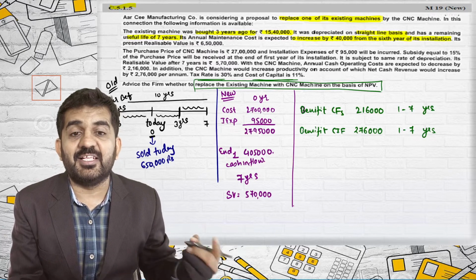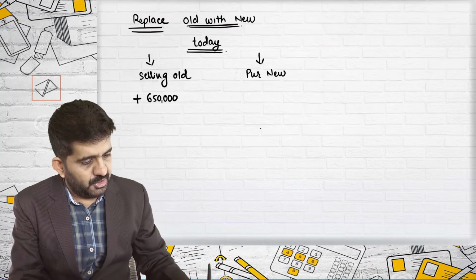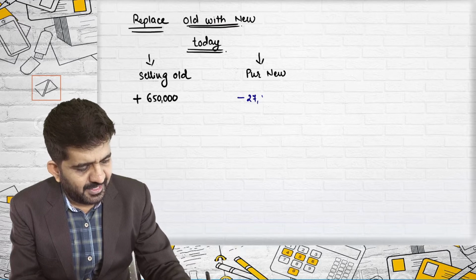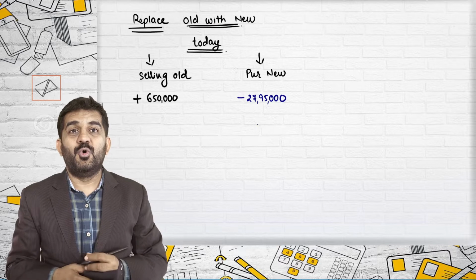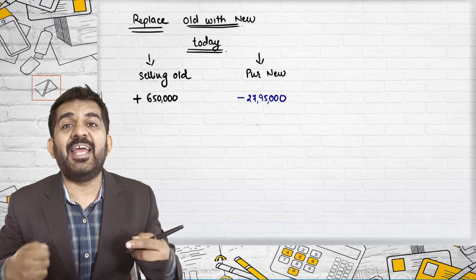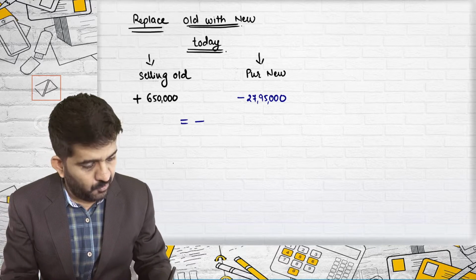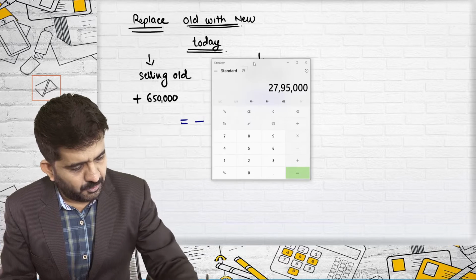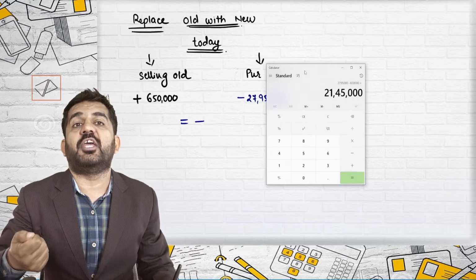27,95,000. Sir, we are getting subsidy, but subsidy is a cash inflow at the end of first year. So we will be purchasing new at 27,95,000. So if you replace your machinery, your cash outflow will be 27,95,000 minus 6,50,000, which will be your cash inflow.